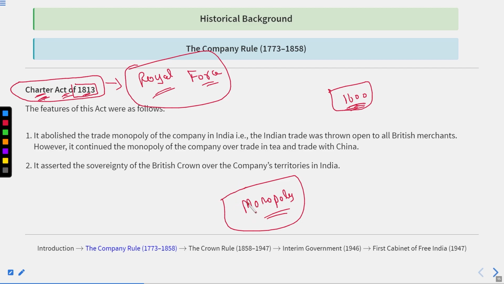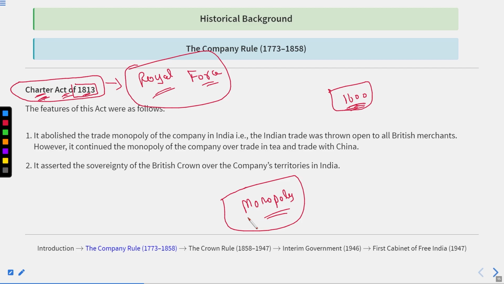Okay, and that was a very profitable trade. So what was happening in Britain was that the rich class of merchants were pressuring the government that this monopoly must be stopped. All right, and the rest of the other merchants, who were not stakeholders of the British East India Company, would also get the chance to trade with India.